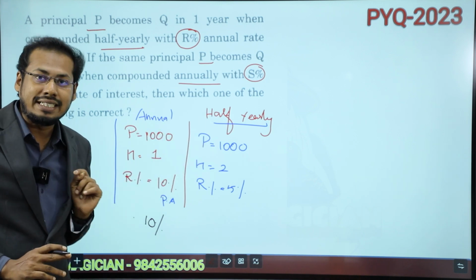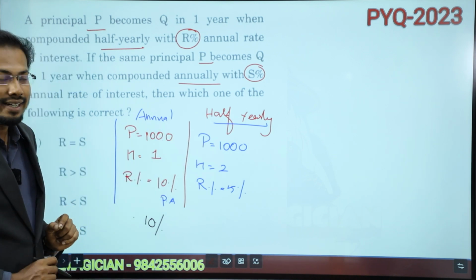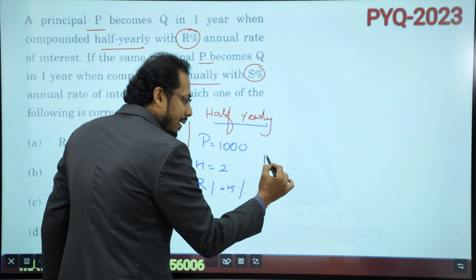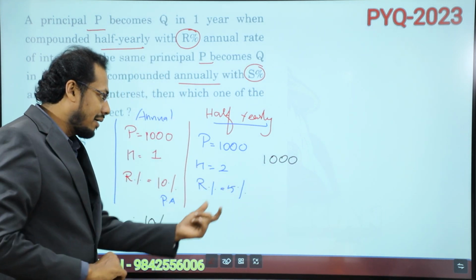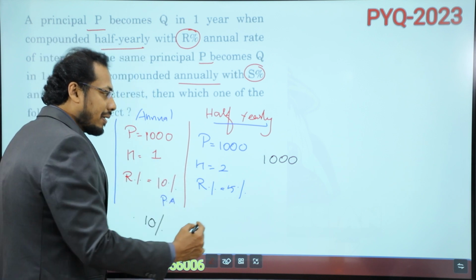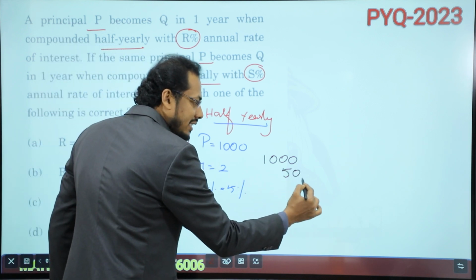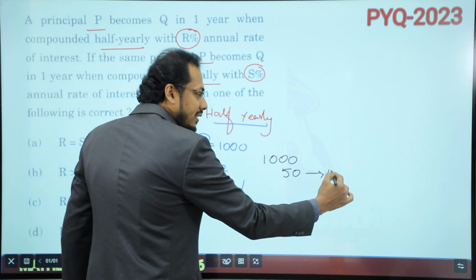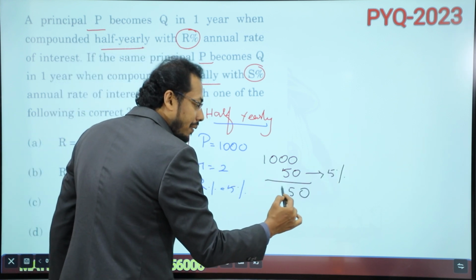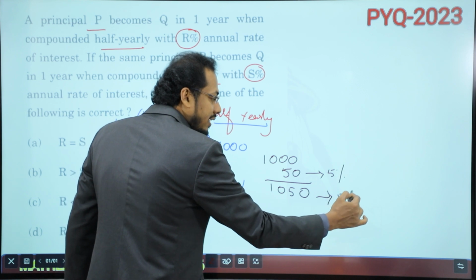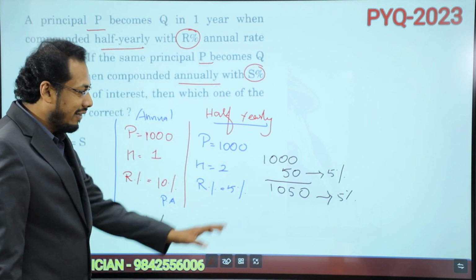This is compound interest, compounded half yearly. So if my amount is 1000, first I will pay 5%: 10% is 100, 5% is 50. So the first time I will pay 5%, which is 50. Next time I need to pay 5% on this new amount.